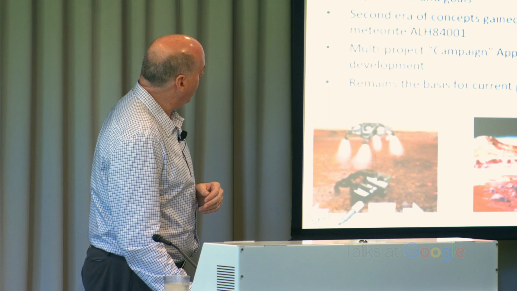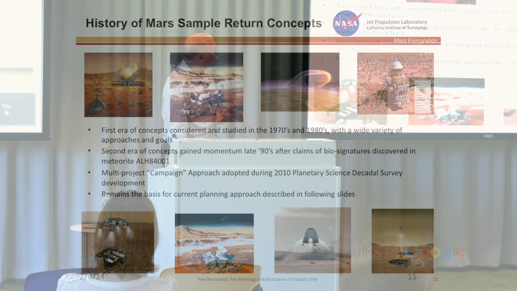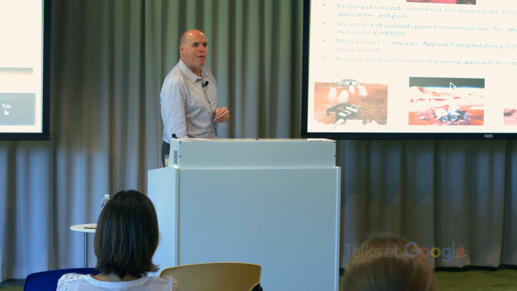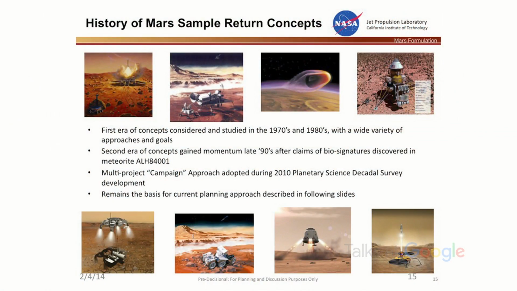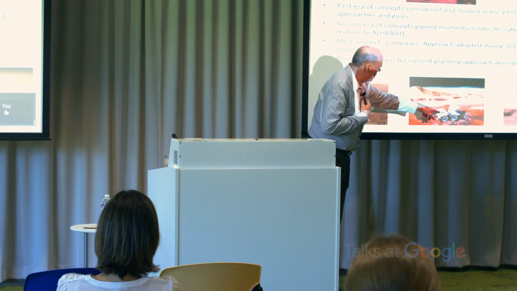But the thing I really love about this slide is, number one, back in the day when they were doing these things as paintings, they still reused things. So when you look at this one up here and this one down here, totally different concepts, but it's got the same background. So like somebody copied the background. The other thing I really love about this one is, if you see right here, here's the rover with all the samples.